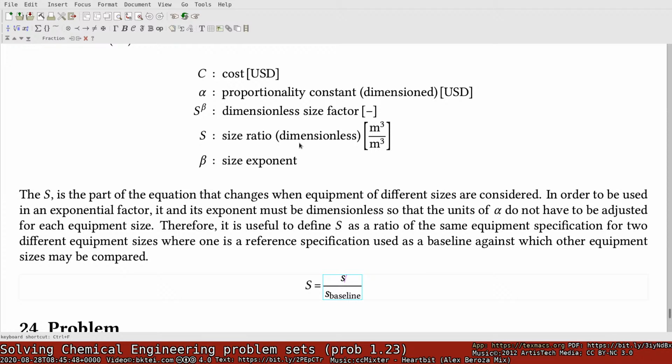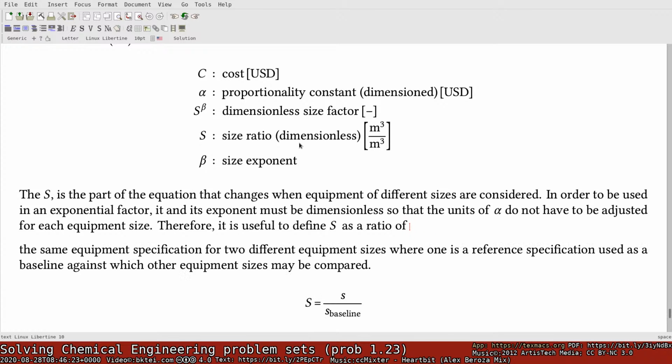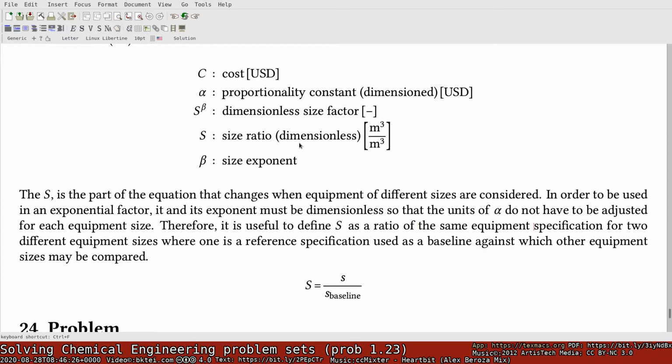Size baseline, some attribute, some specification. Therefore it is useful to define S as a ratio of two equipment attributes. Let's try that. No, I think I worded it correctly. Of the same equipment specification.